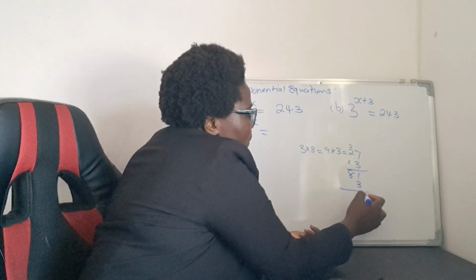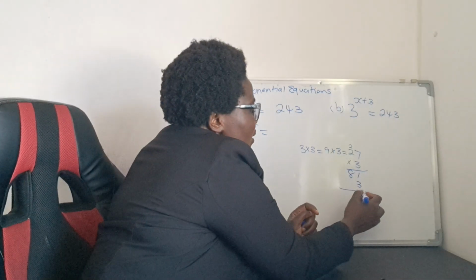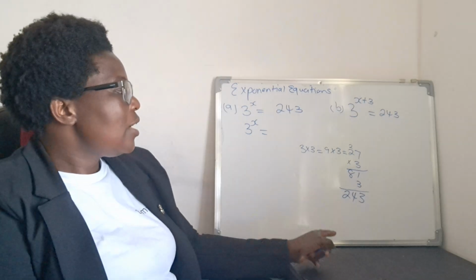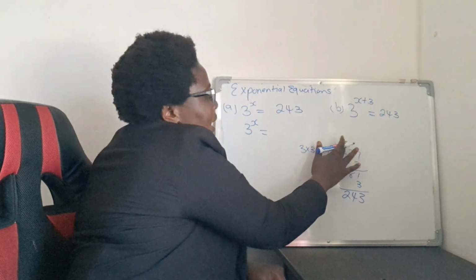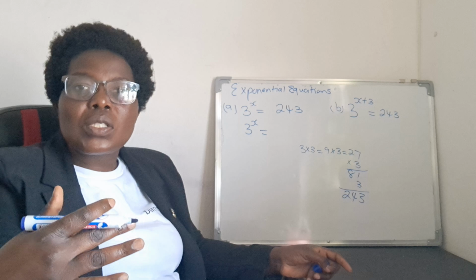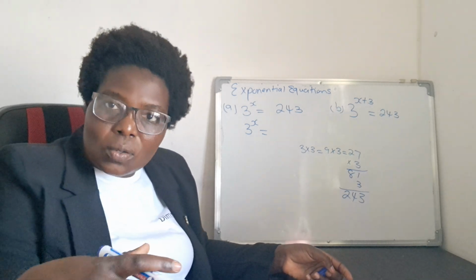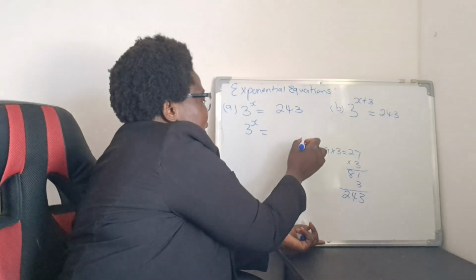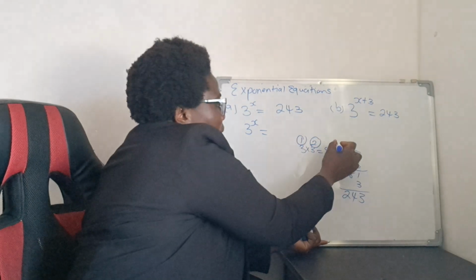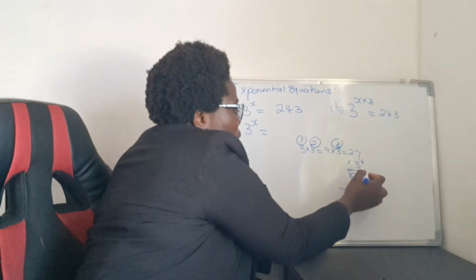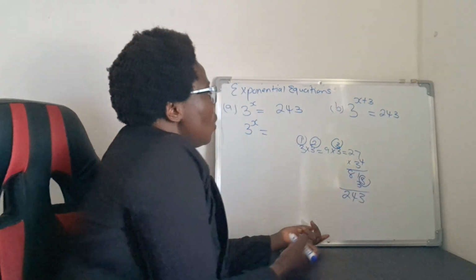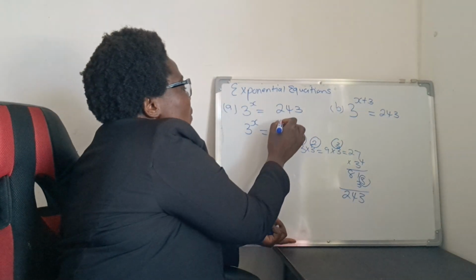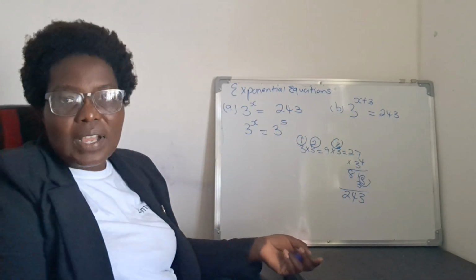If you multiply this by 3 as well, that's 243. You can see how many 3's we multiply to get 243. We have 1, 2, 3, 4, 5. So 243 is the same as 3 to the power of 5.